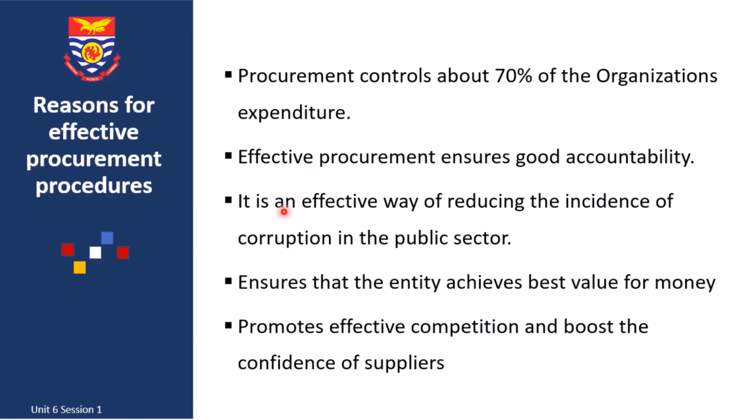And it should be noted that procurement procedures are an effective way of reducing incidences of corruption, especially in the public sector. If you take Ghana, for instance, our procurement procedures are laid down in the Public Procurement Act 663 as amended, and it ensures that all procurement practitioners in the public sector undertake procurement within these laws.